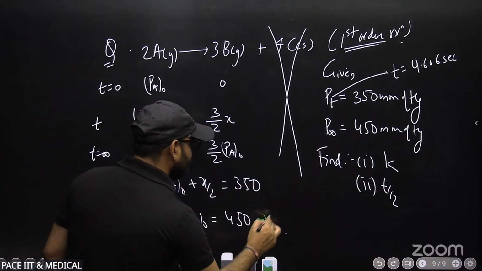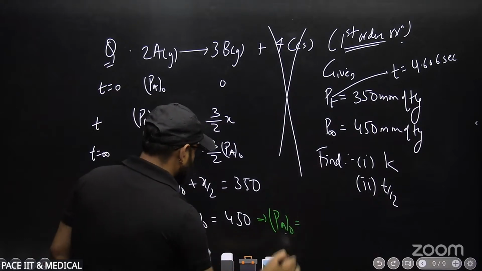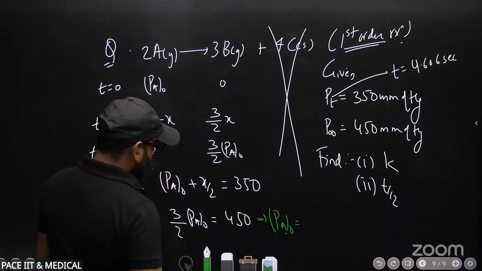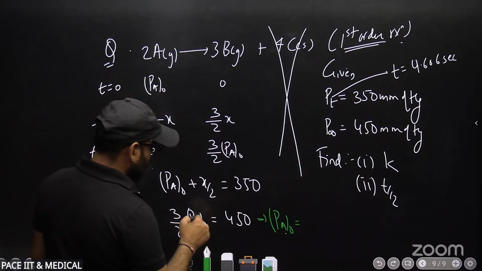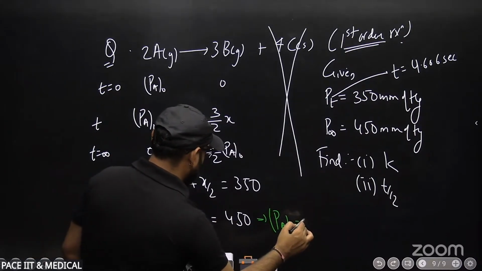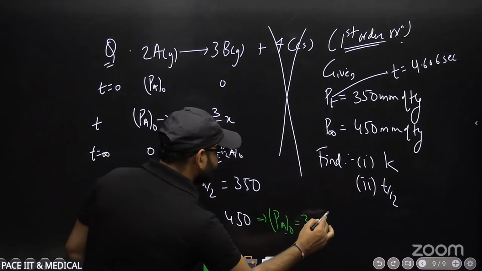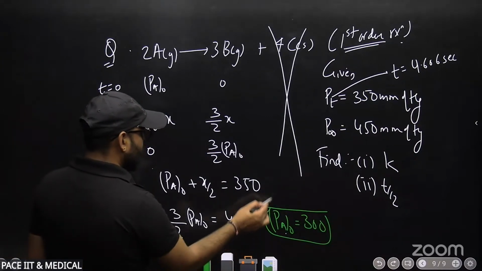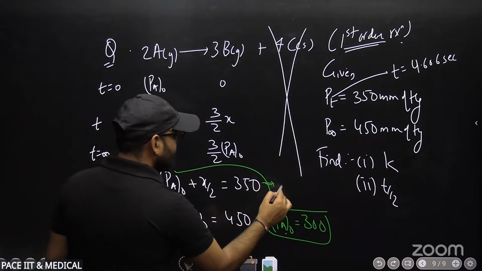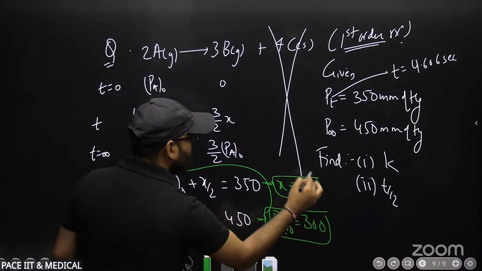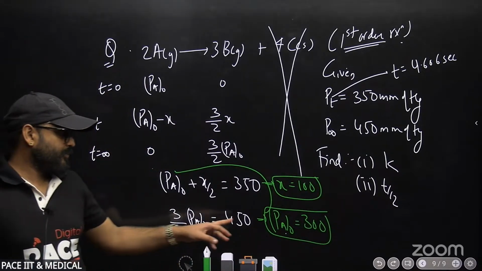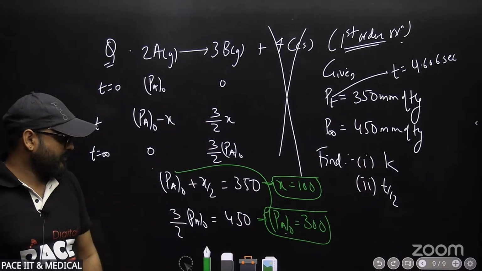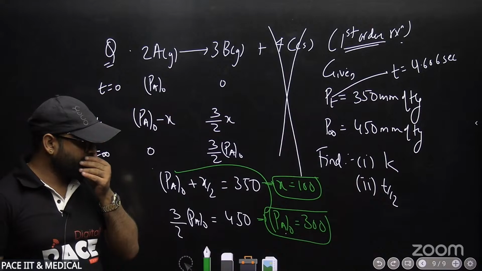PA naught is 300, and by putting this here, you will get x as 100. You can check these two equations and get these two values.